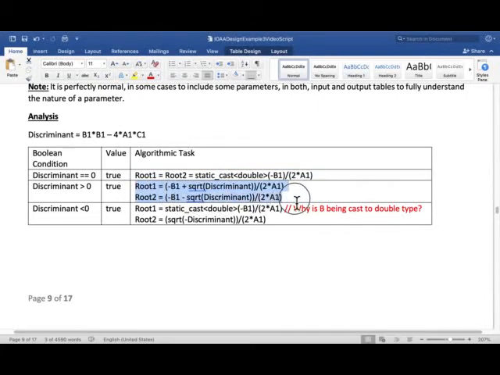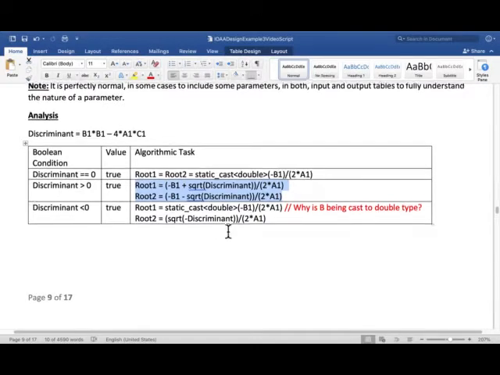If you don't understand that, you have lost this whole lab. But I'm hoping you will understand, because you did the exact same thing in lab 3. So in that sense, there's nothing new here. So understand why we have this equation when discriminant is 0, two equations when discriminant is greater than 0, and different equations for root 1 and root 2 when discriminant is less than 0.